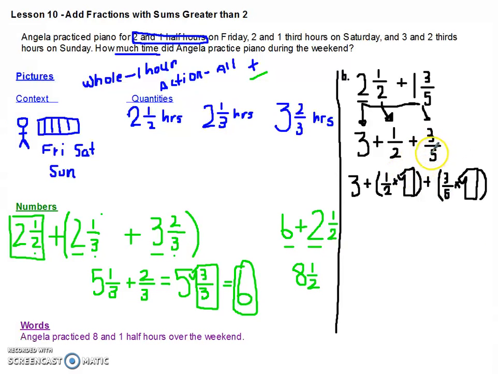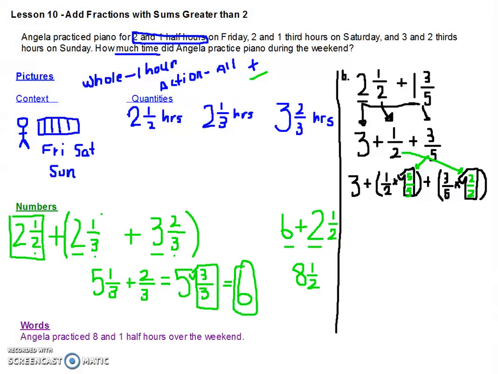So the conjecture that we came up with was taking the denominator from the opposite fraction and renaming the 1 using that number. So here we would have 5 over 5. And then the opposite fraction for this one would be 2. So we would rename 2 over 2.